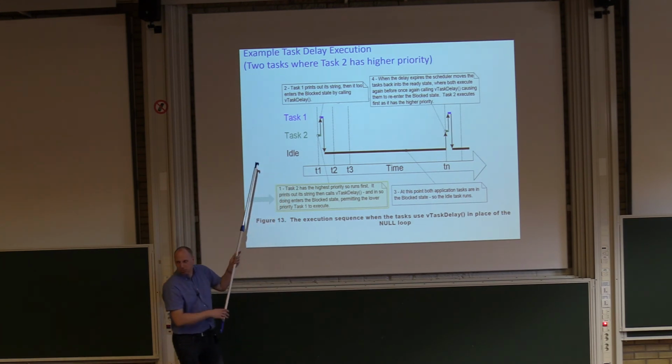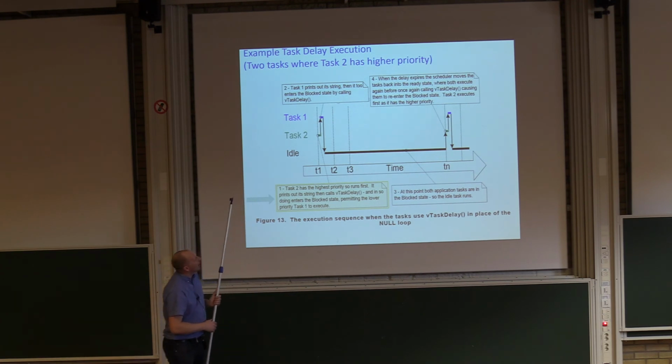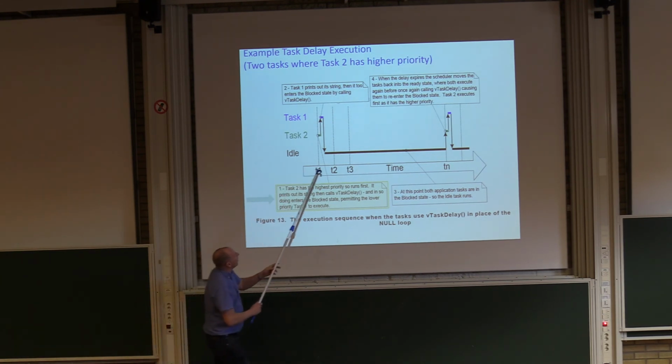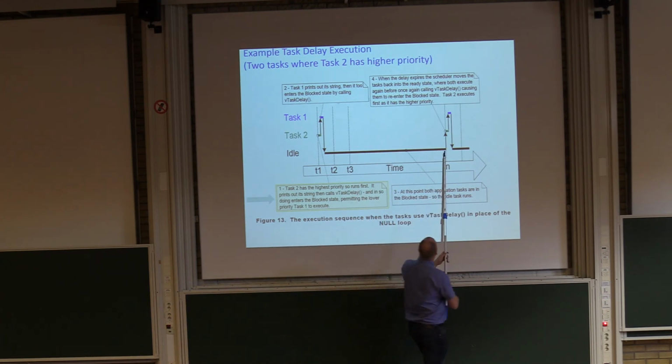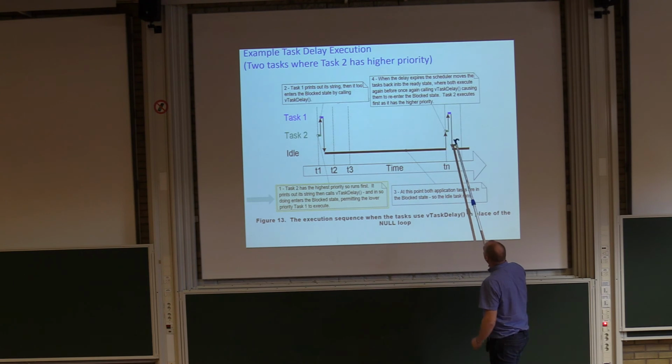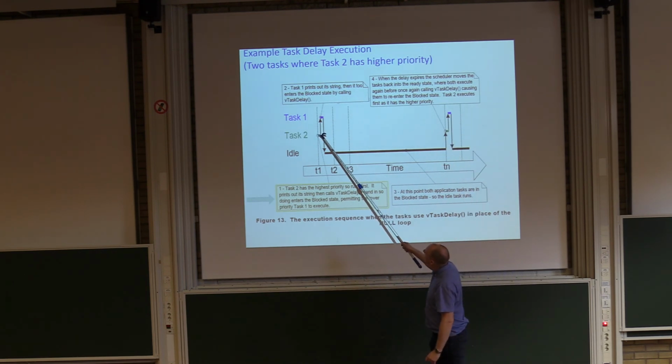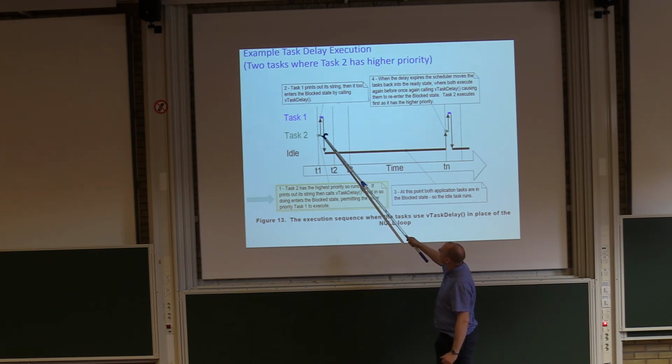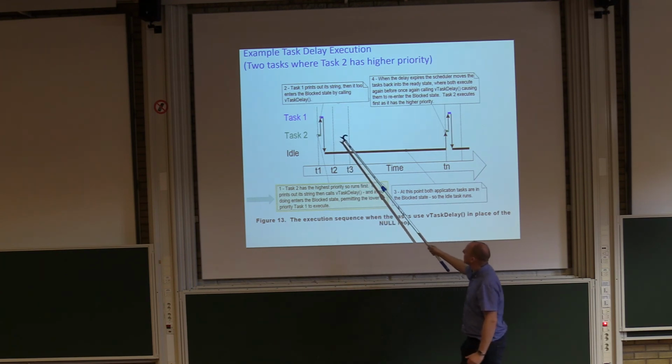And here you try to save energy and resources when you do this. So now nothing will happen until this time in the future where the number of clock cycles has elapsed that was specified by this vTaskDelay.